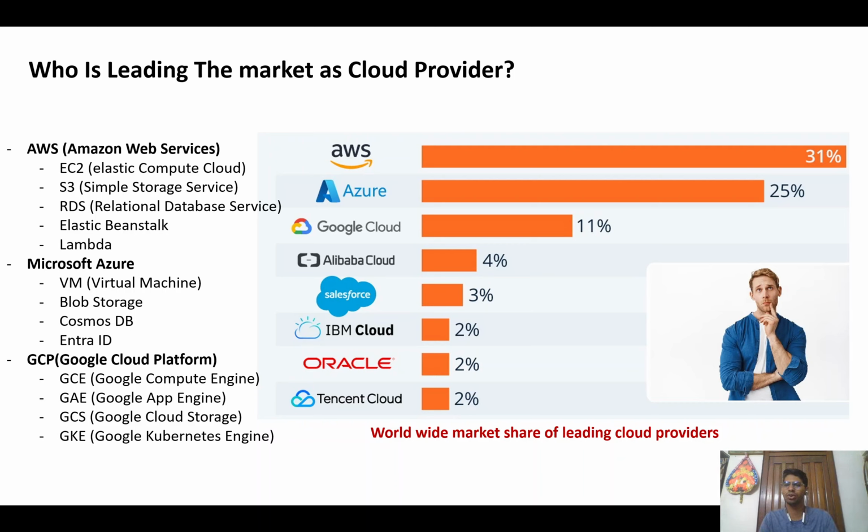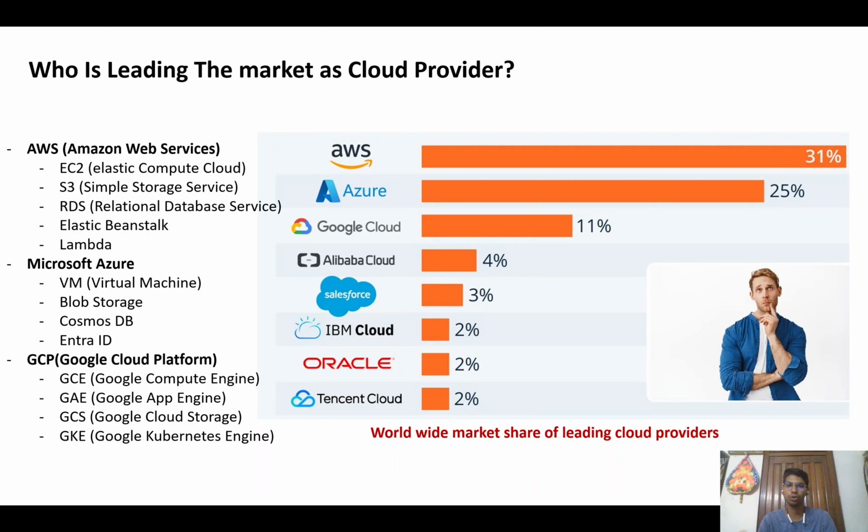AWS calls it EC2, which is Elastic Compute Cloud. EC2 means two Cs, Elastic Compute Cloud. Azure calls it a VM, which is a virtual machine. And Google Compute Engine from GCP.